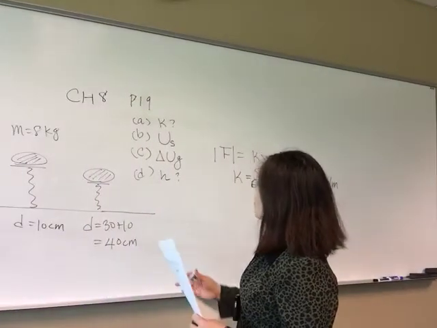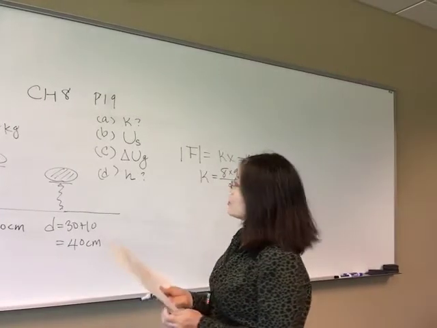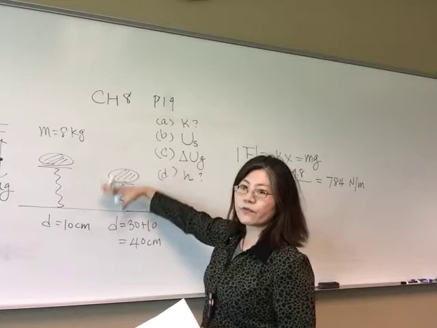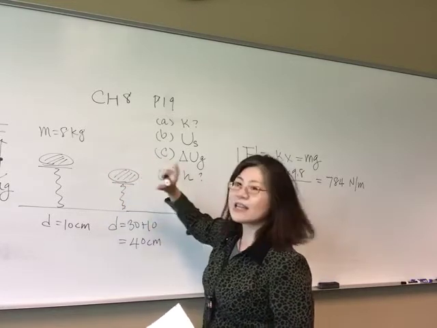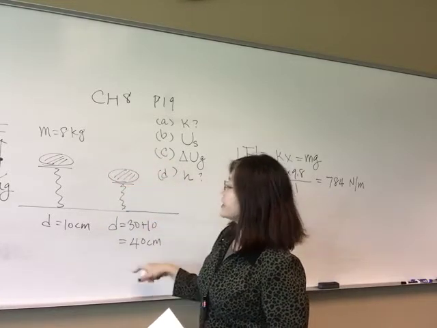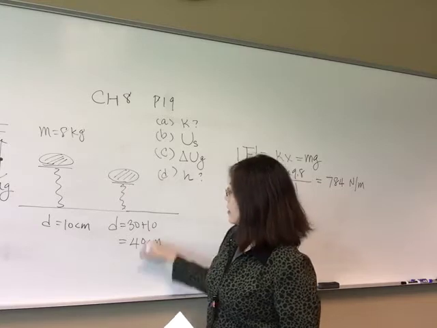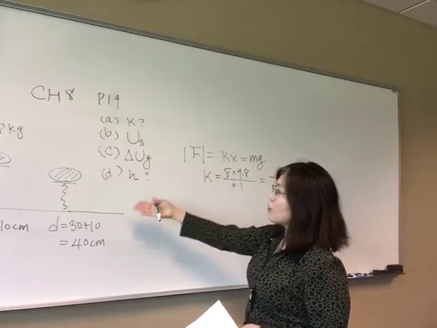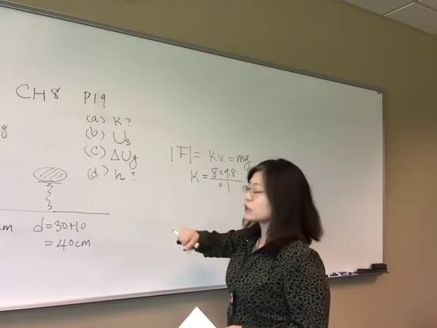Then you also find the spring potential energy when you press it a further 30 centimeters down. In other words, altogether there should be 40 centimeters of distance that's been compressed by the weight of the stone and also the external force.